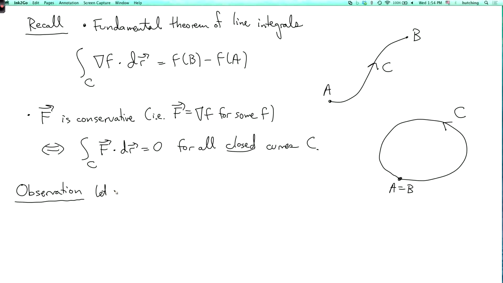So let F equals PQ be a vector field. I should have said this: let's assume that the components are differentiable functions.